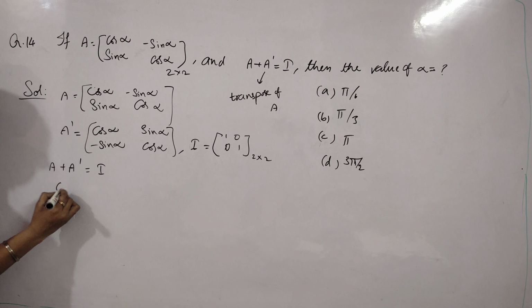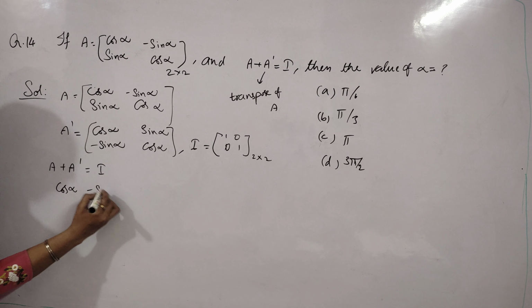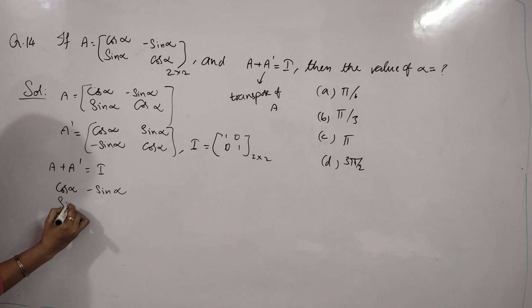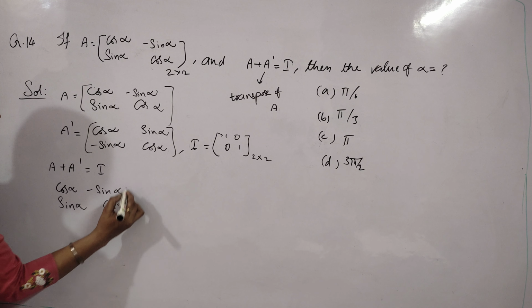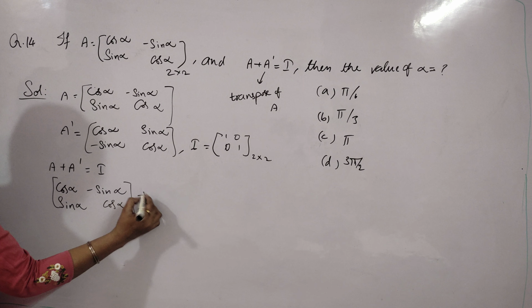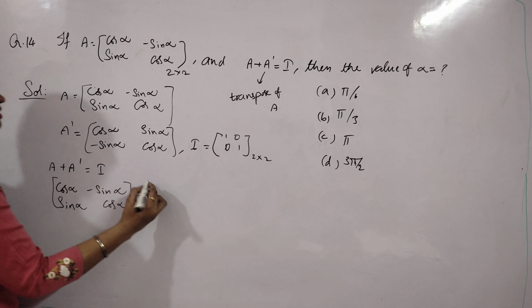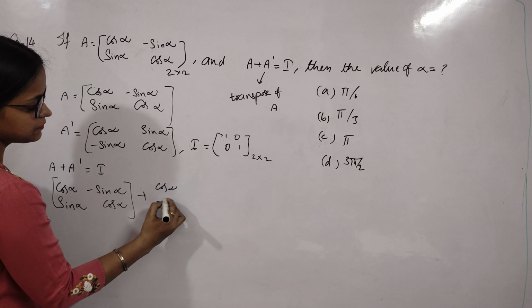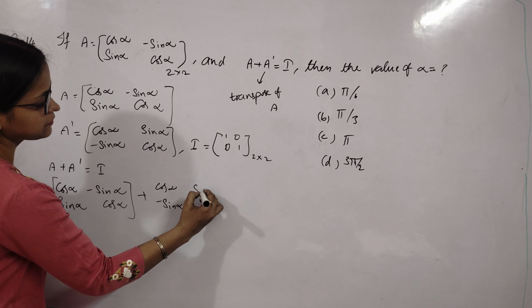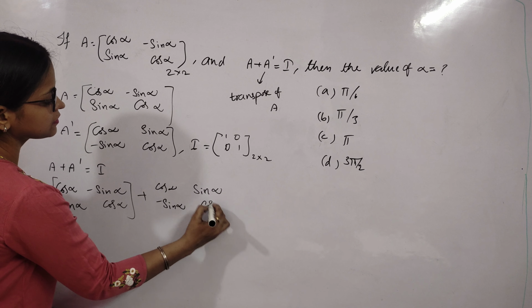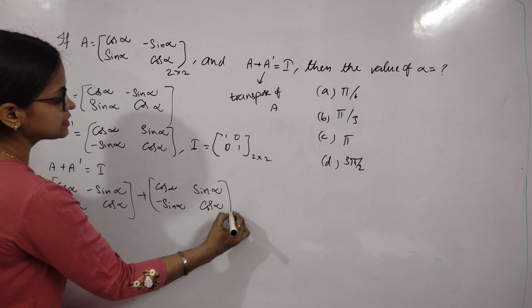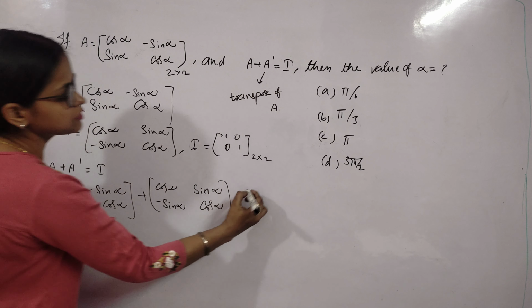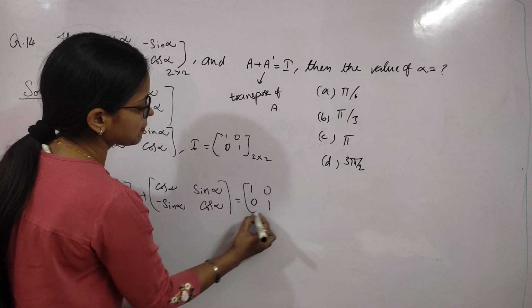So write the A matrix, cos alpha minus sin alpha, sin alpha cos alpha. Next plus A dash, it is cos alpha, minus sin alpha, sin alpha, cos alpha. And the sum of these two is equal to the identity matrix.